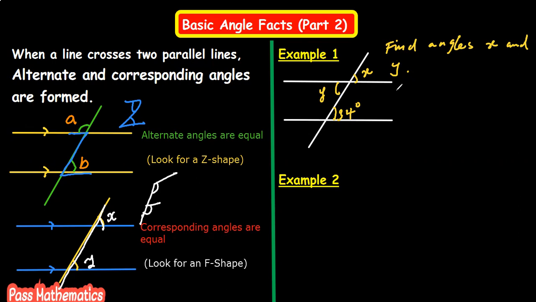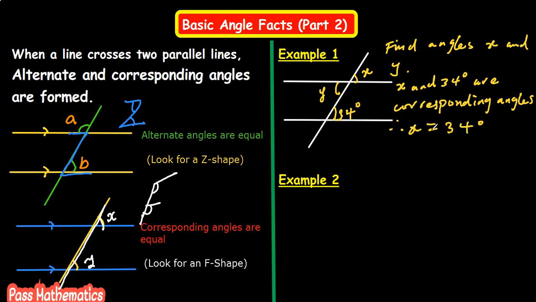So firstly, we will say that angle X and this 34 are corresponding angles. If you look at it critically, X and 34 are corresponding angles. Therefore, we can basically say that angle X is 34 degrees.